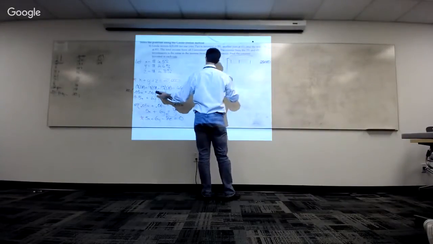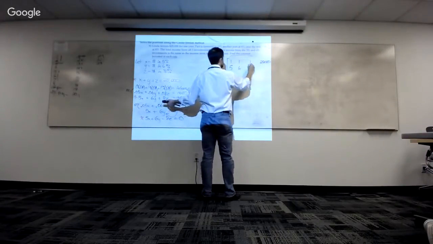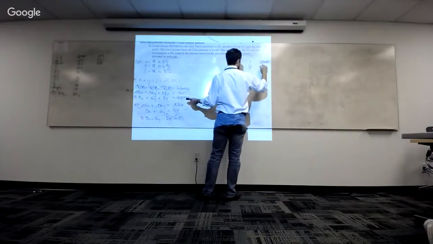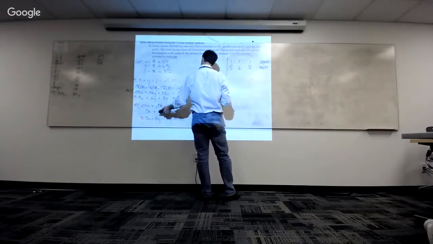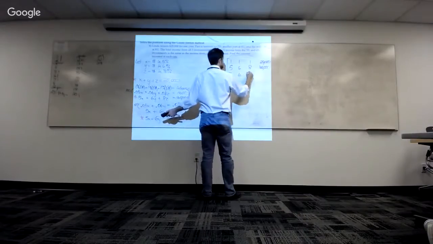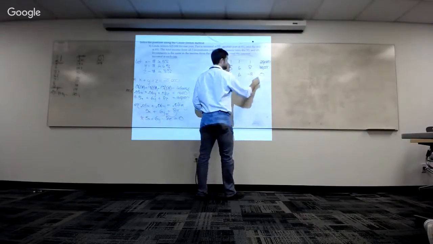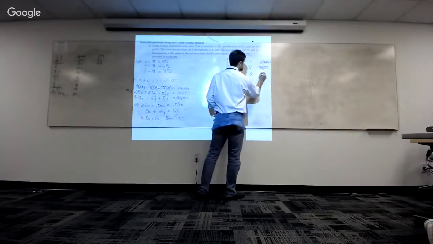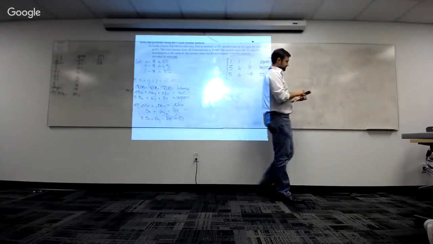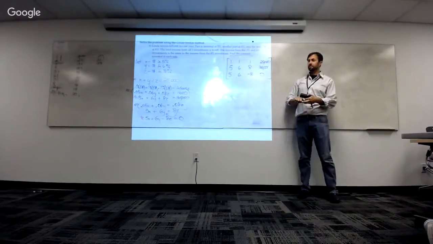And then the next one is 5, 6, 8, 160,000. Commas are helpful. And then 5, 6, negative 8, 0. Now you can begin to solve the problem.